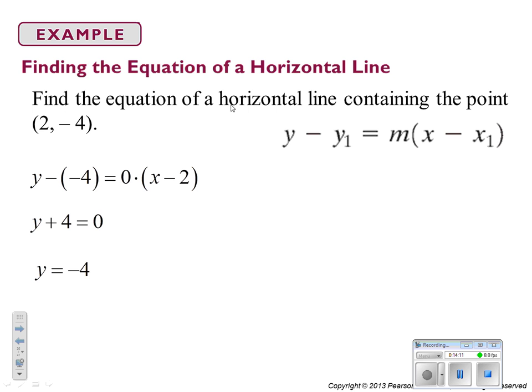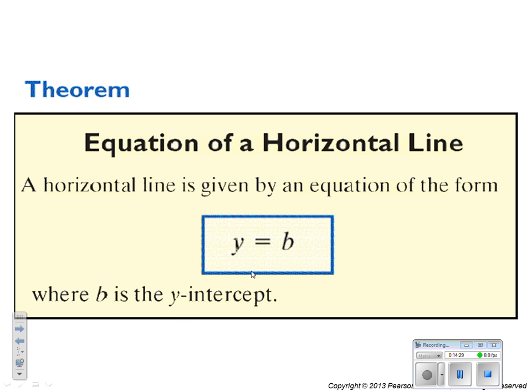If you have a horizontal line and you have a point, you know your resulting equation is going to equal the y coordinate of that point. So the y value stays constant all across your line. You're going to be -4 no matter what your x coordinate is. And that's why we get this equation, where b is your y-intercept for a horizontal line.